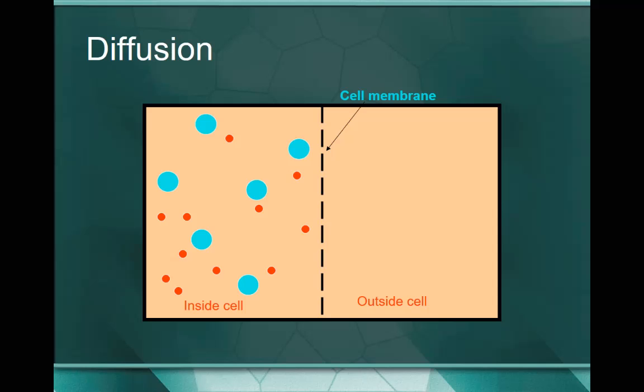Now, you can probably guess just from my diagram here which ones are going to go through and which ones are not. So if we start counting up how many of each of these there are, we can say 1, 2, 3, 4, 5, 6, 7, 8, 9, 10, 11. So we have, let's choose a different color here, 11 reds. And we've got 1, 2, 3, 4, 5, 6 of the larger ones, 6 large.